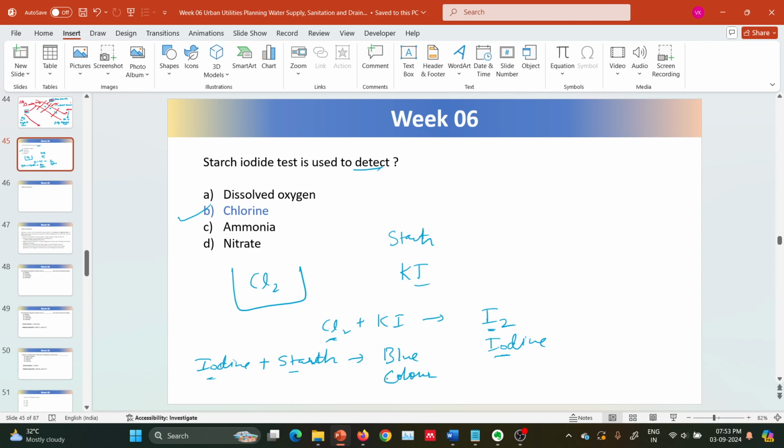So more blue color is observed, and to quantify this, we will titrate it with sodium thiosulfate. If more blue color, more thiosulfate will be consumed, and more volume will indicate more chlorine content. So that's it.